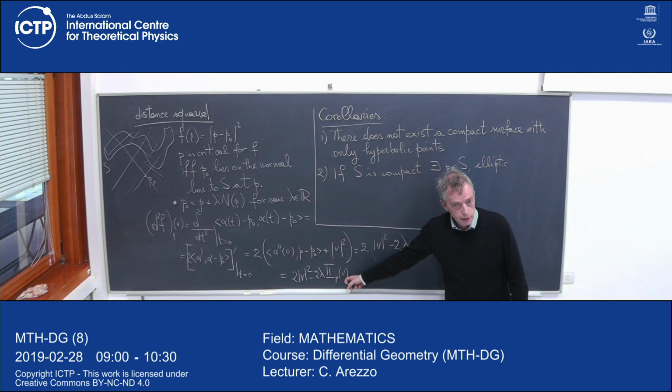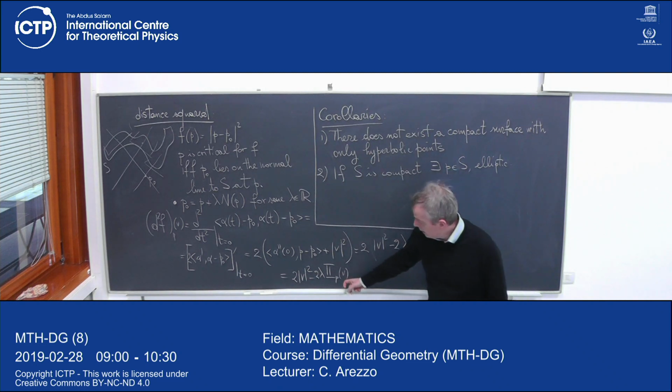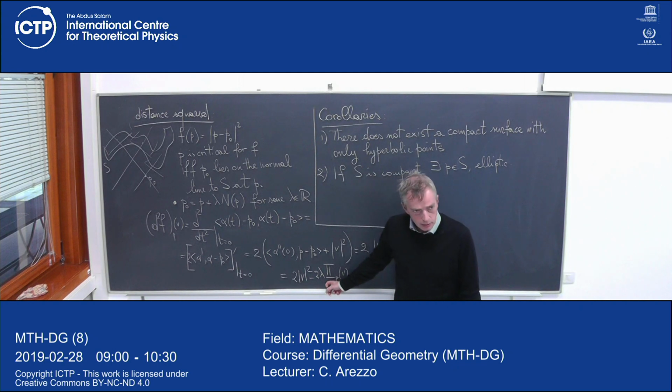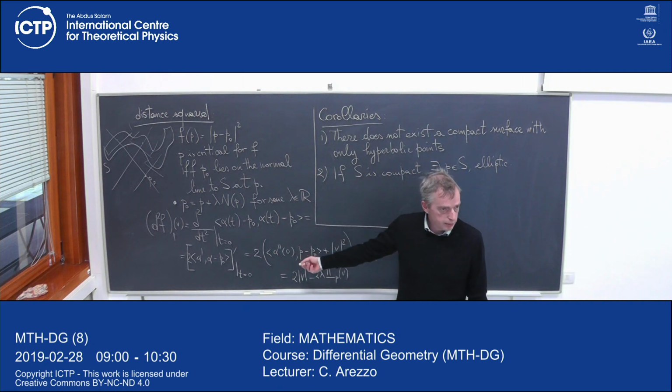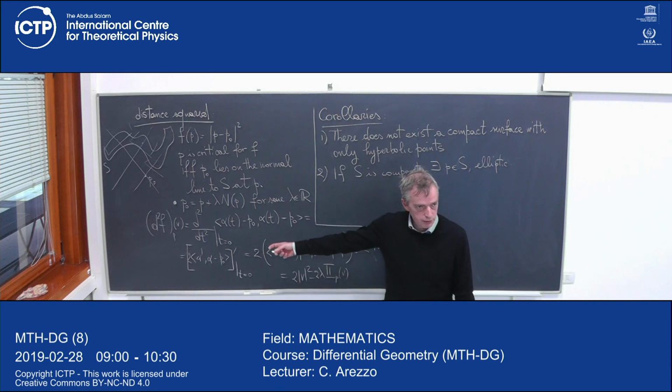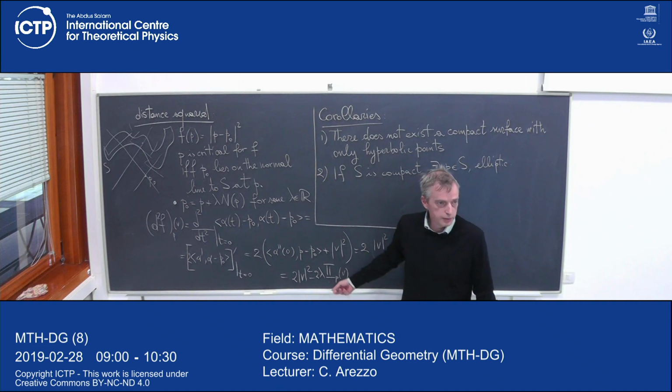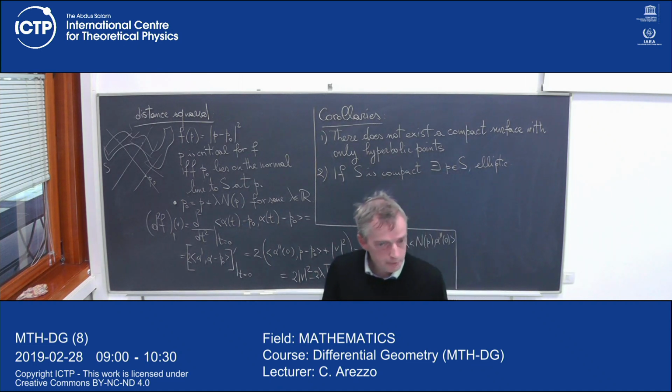You see that now it's a calculus problem, because from here you extract the second fundamental form. At the minimum point you know something about the Hessian of this function, because it's a minimum. At the maximum point you know something about the Hessian of this function. You have to deduce the corresponding thing for the second fundamental form and see what happens. Okay?